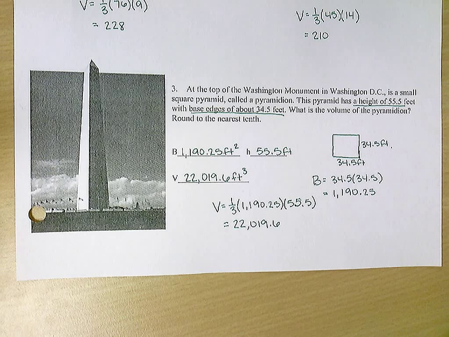This pyramid is actually cut from a prism. It's part of a prism if you were to extend those sides to make it a prism. That's where that 1/3 piece comes in. Any questions on my volume of a pyramid examples here?